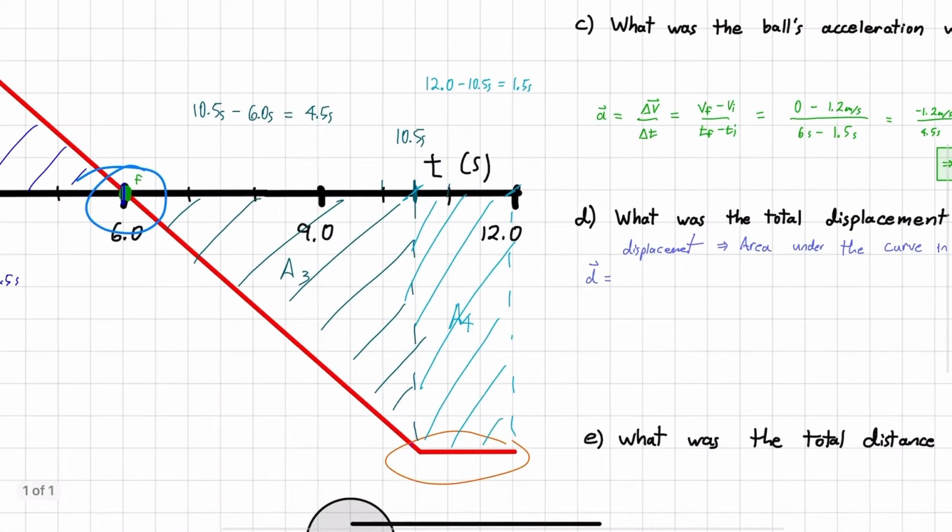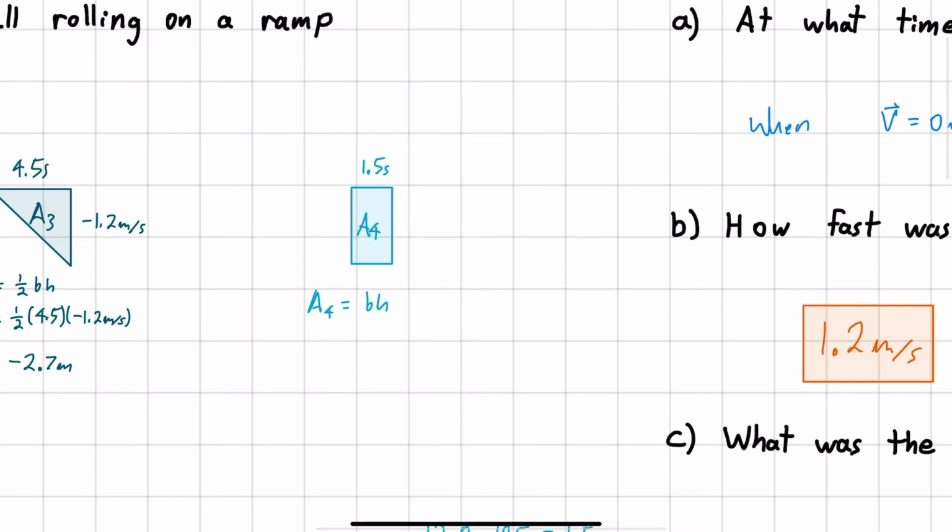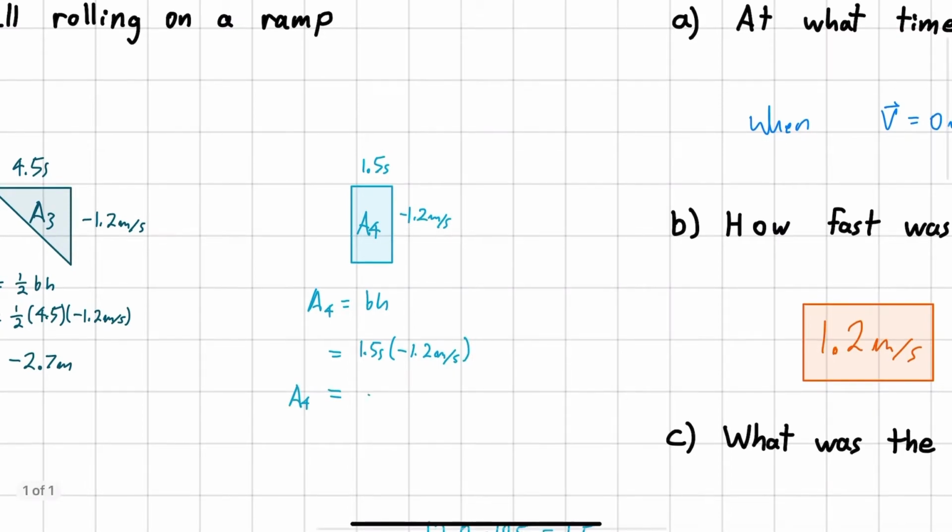And then the height, again, the negative 1.2 meters per second. So our fourth and final area here is negative 1.8 meters.